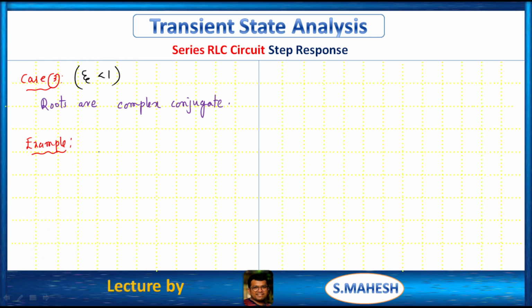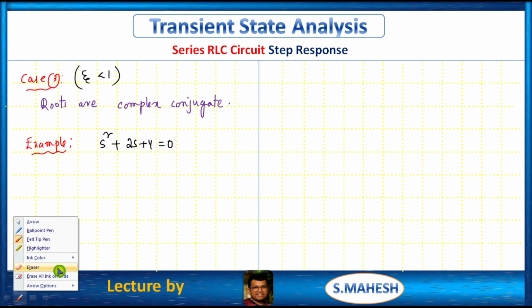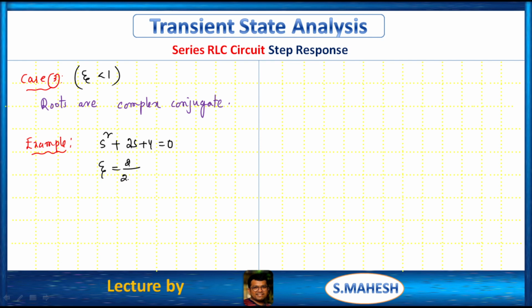Let us take s square plus 2s plus 4 equal to 0. From this, the value of zeta is equal to 2 by 2 into 2, which is equal to 0.5, which is less than 1, right?